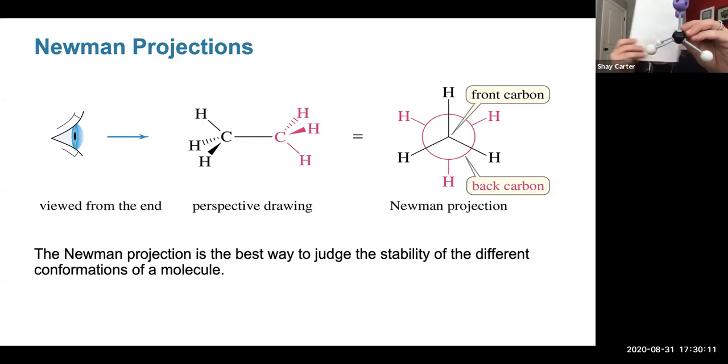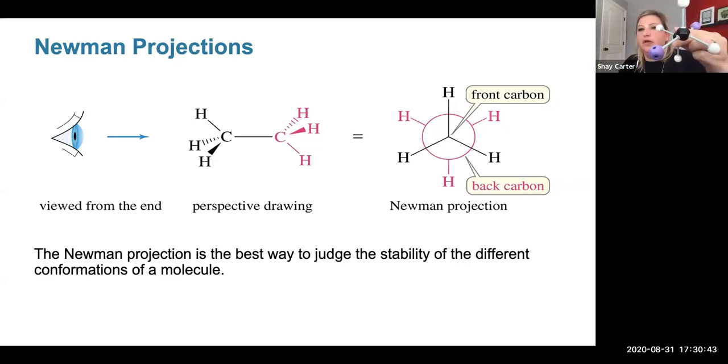Okay, so this Newman projection that is on the PowerPoint is called a staggered conformation. A staggered conformation is where the bonds are as far away from each other as they can possibly be.